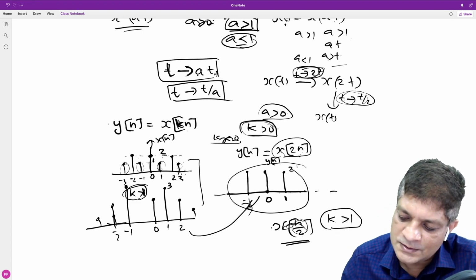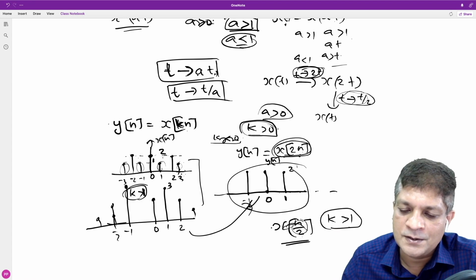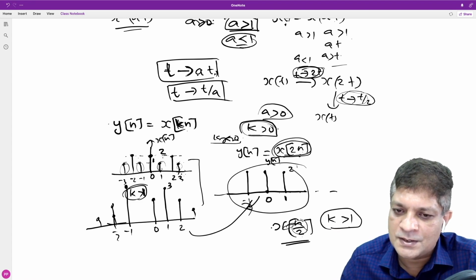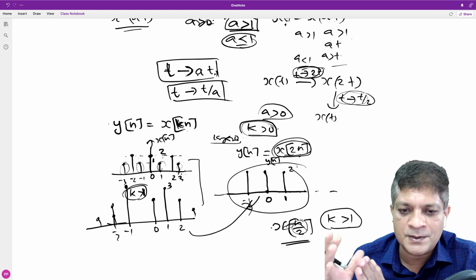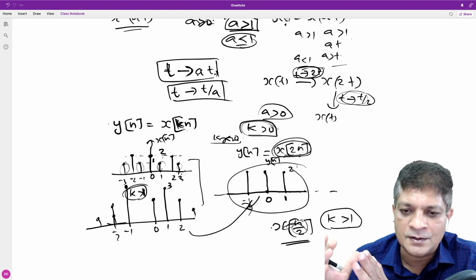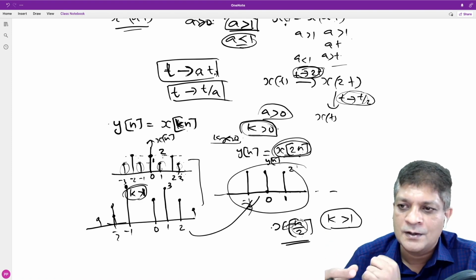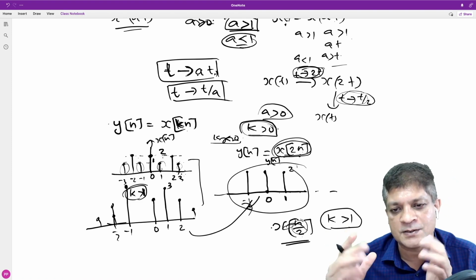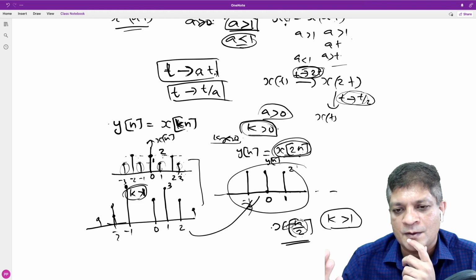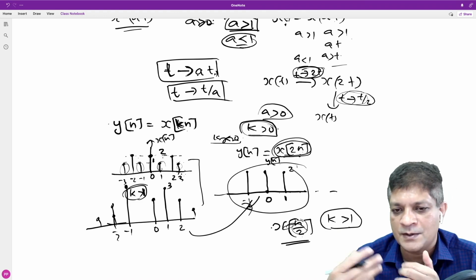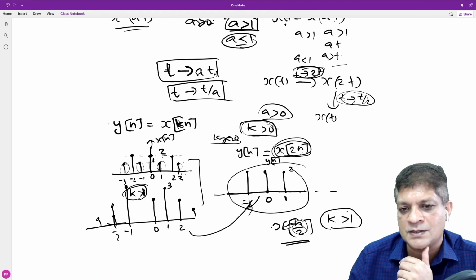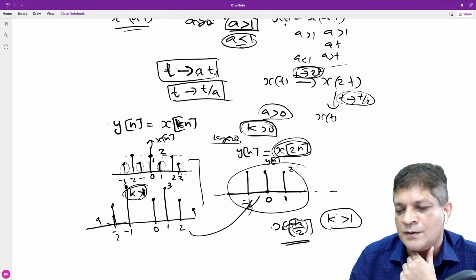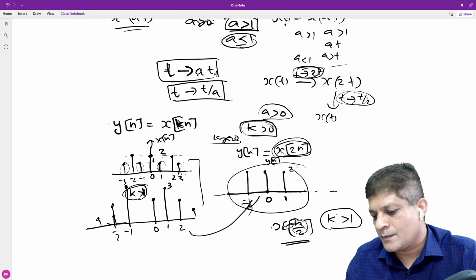We can say that this is the discrete time operation on the discrete time signal that corresponds to compression of that analog signal, isn't it? But there is no operation corresponding to the expansion. In the case of continuous time signal, we have seen that we can expand the signal, but here there is no such expansion in the case of discrete time signal.